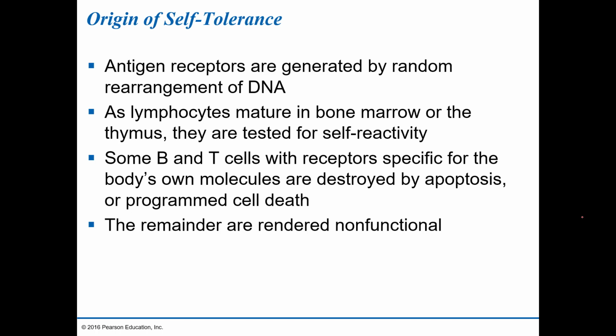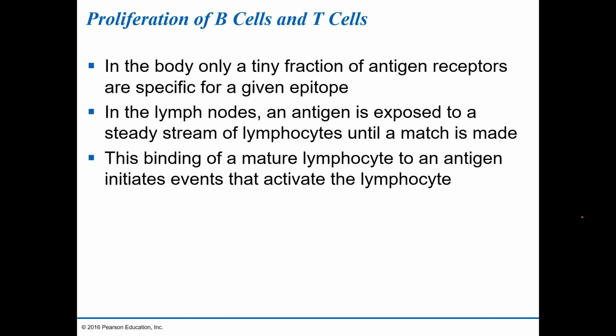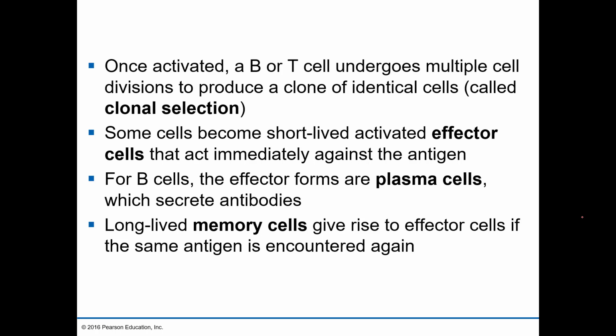Antigen receptors are generated by random rearrangement of DNA. I'm going to skip through that because that's not really something I want to get into much depth with. What I would know here is that memory cells give rise to effector cells if the same antigen is encountered again.